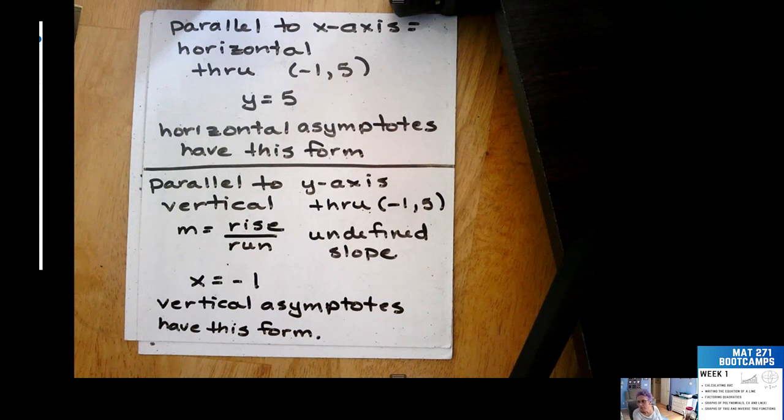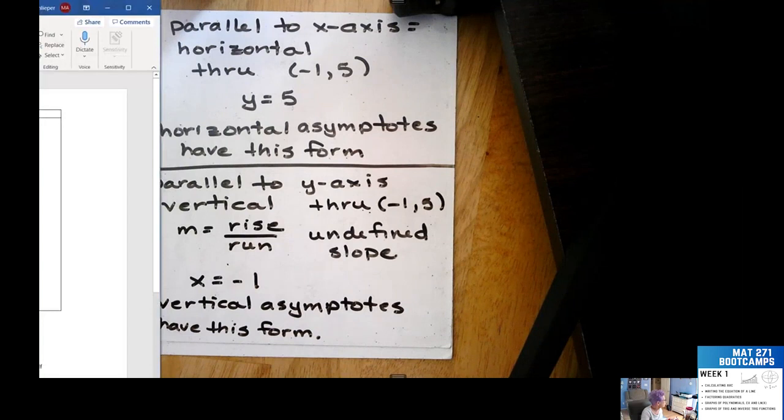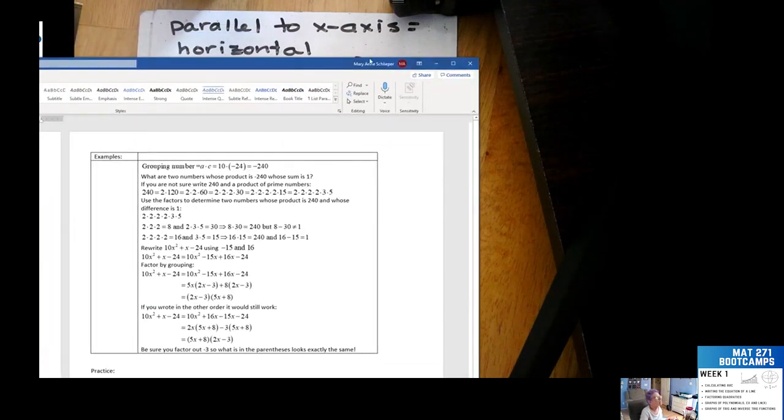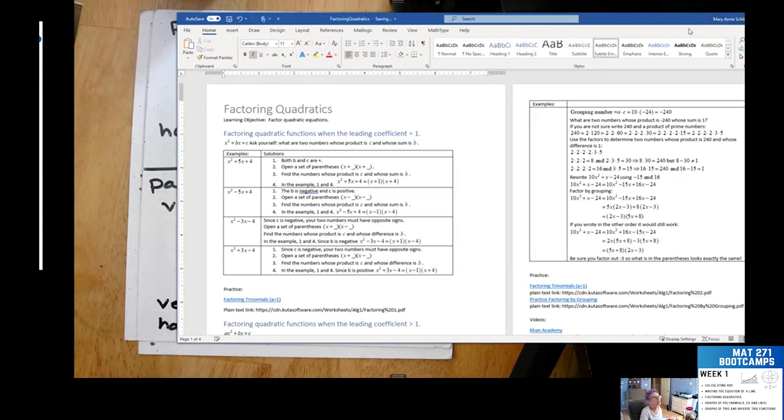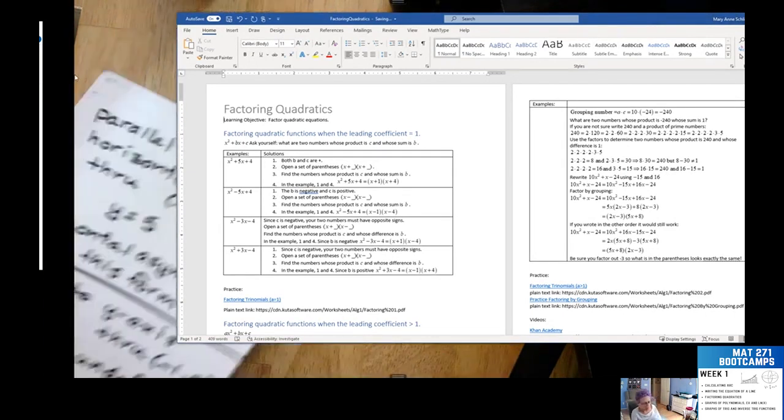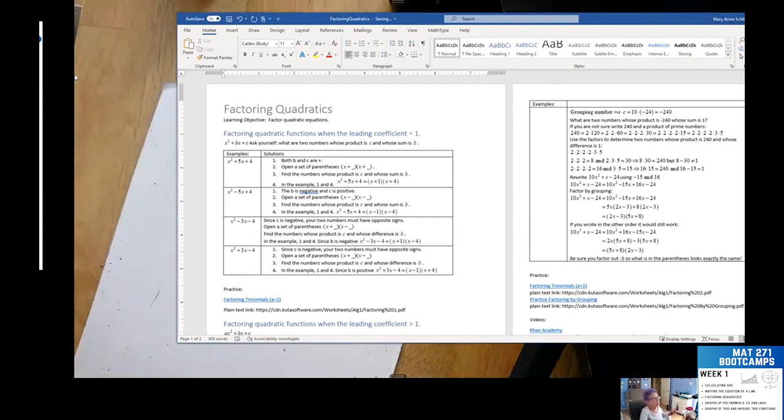Factoring quadratics is something you are going to be doing all semester long. And I know you've learned to do it, but it may have been a while, so we're going to refresh ourselves on it. And we're going to start with the simplest of all, when we have just a plain old 1 as our leading coefficient.